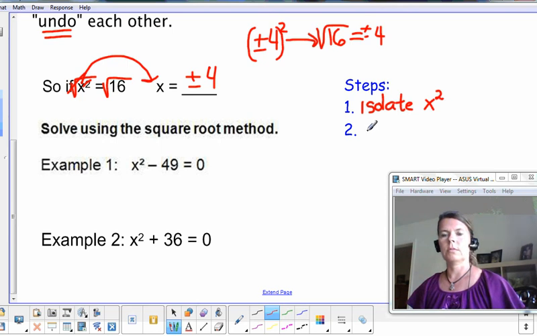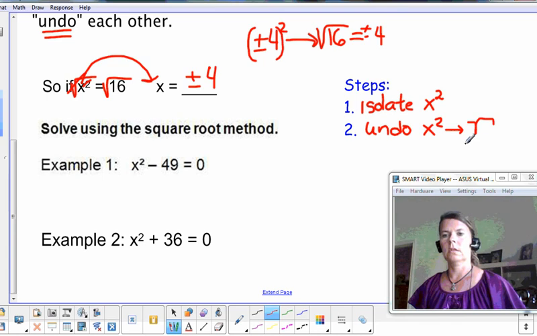And then step 2 is undo the square using, I'm just going to use a little arrow, using a square root. And this is a radical sign in case you don't recognize it. Or square root.